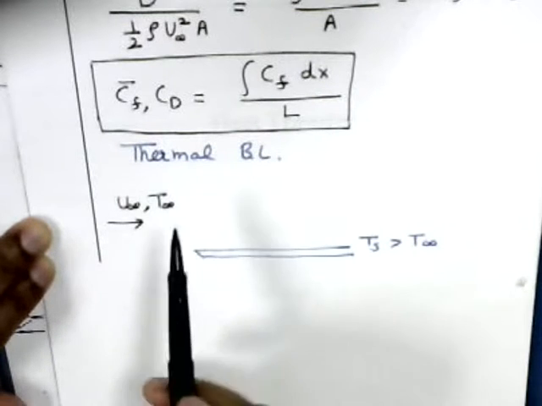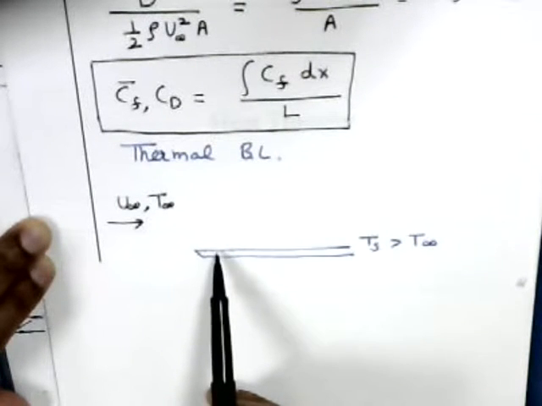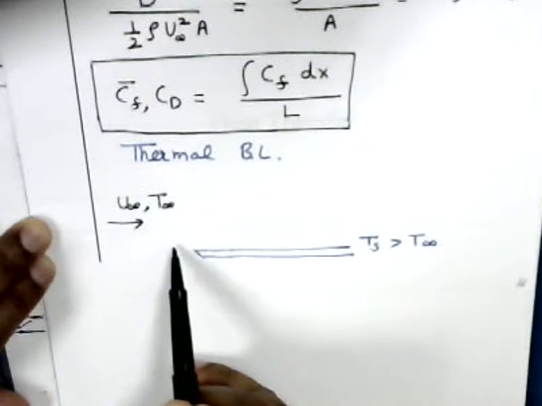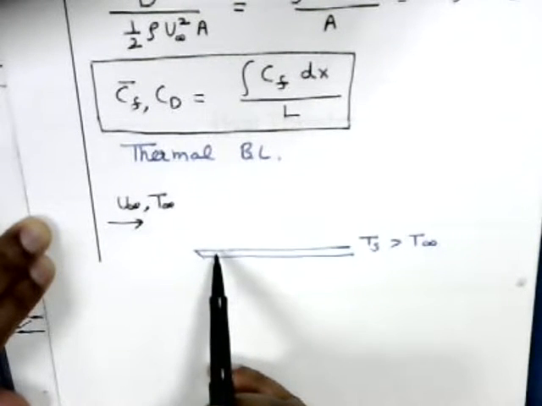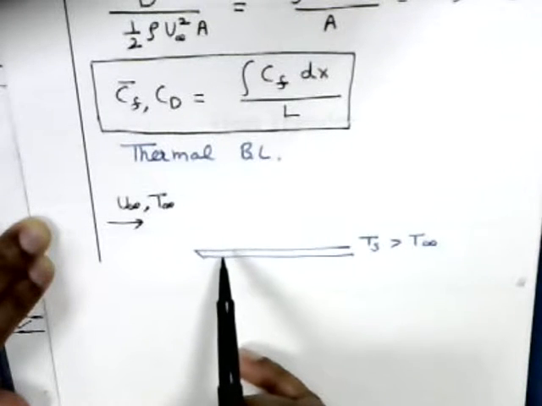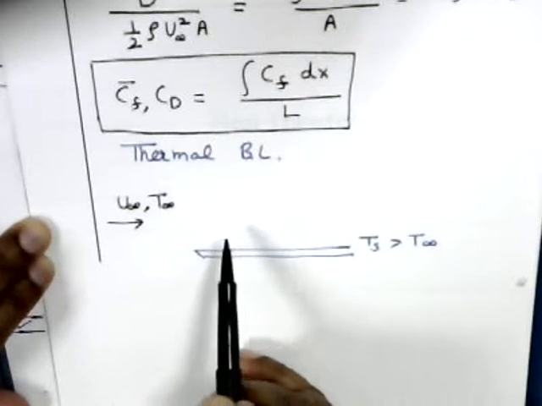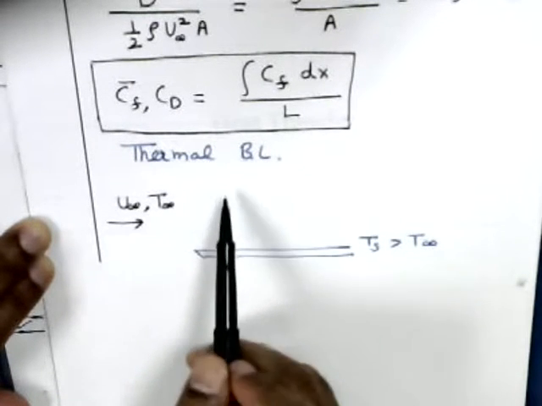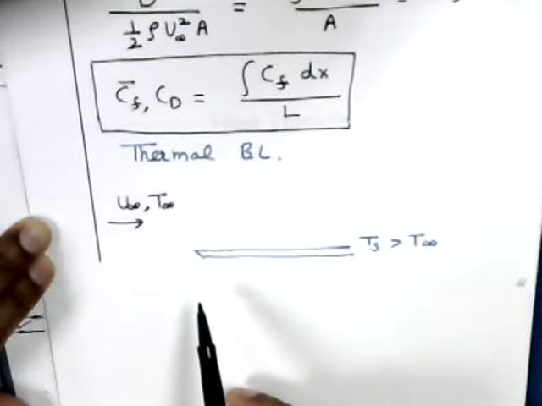Now the temperature of the fluid is different from the temperature of the surface, and as soon as this fluid comes in contact with the surface, it is going to attain thermal equilibrium. So the temperature of the fluid at the surface is going to be Ts, but the temperature away from the surface is T infinity. And there is going to be heat transfer, that is, heat transfer due to convection.